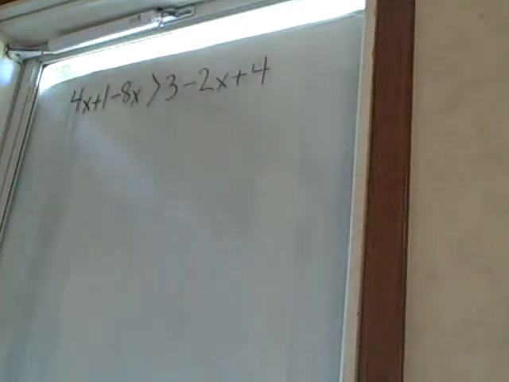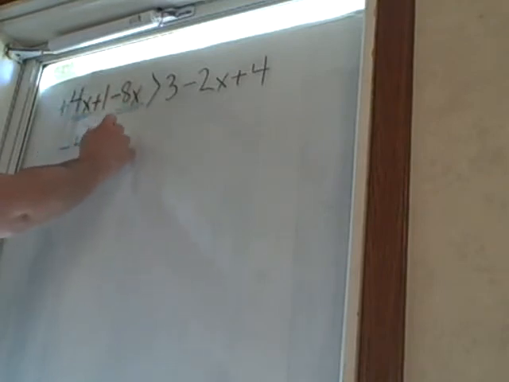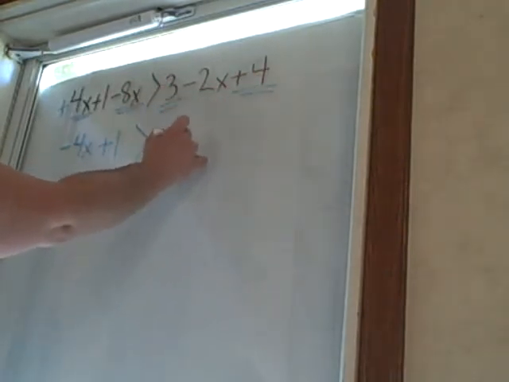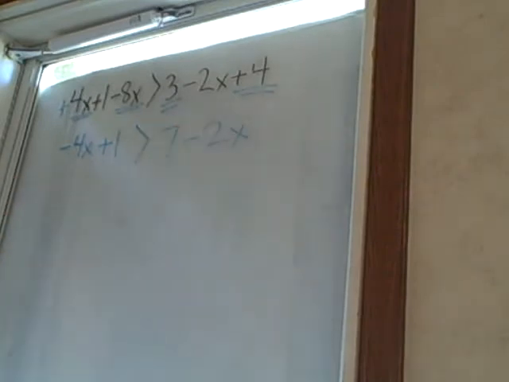The first step in this equation is to combine the like terms. Since I have a 4x and an 8x on this side of the inequality, I want to combine those together. A positive 4 and a negative 8 is a negative 4x. The positive 1 just drops down. On the other side, I have a positive 3 and a positive 4, which combine to get a positive 7, and then the minus 2x.